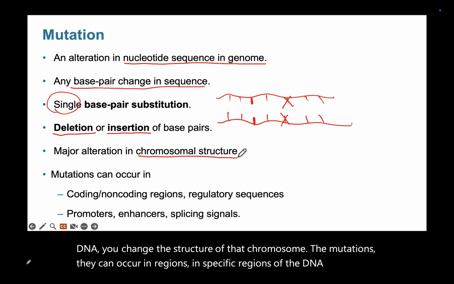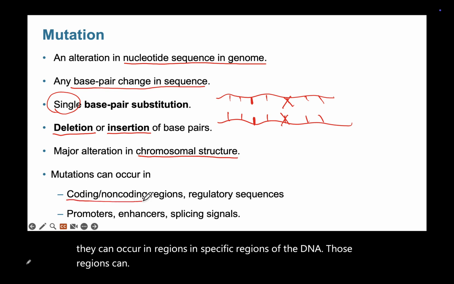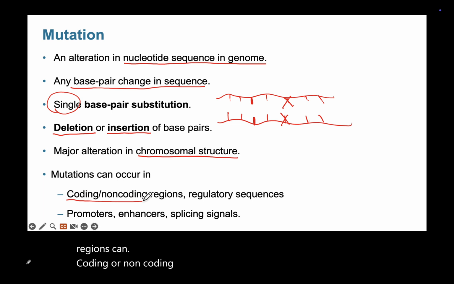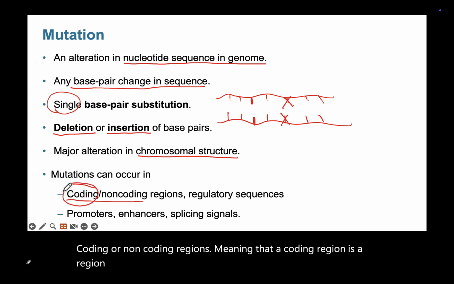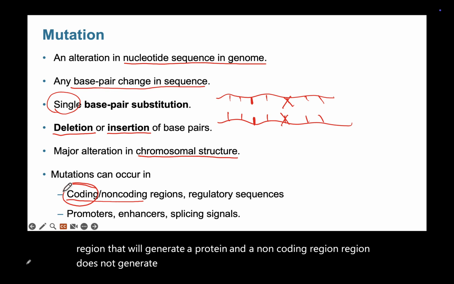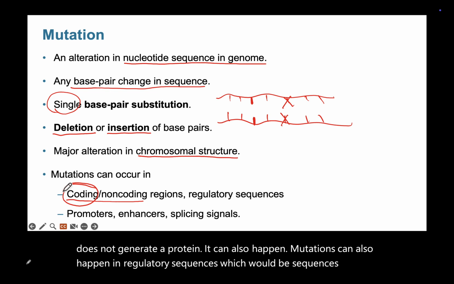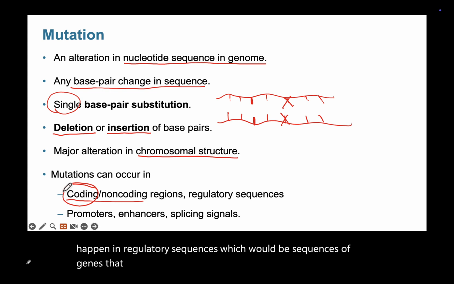Those regions can be coding or non-coding regions, meaning that a coding region is a region that will generate a protein, and a non-coding region does not generate a protein. Mutations can also happen in regulatory sequences, which would be sequences of genes that regulate other genes.